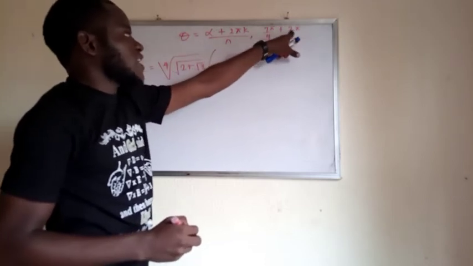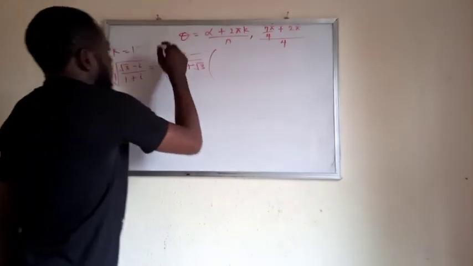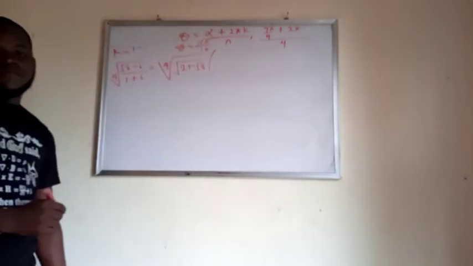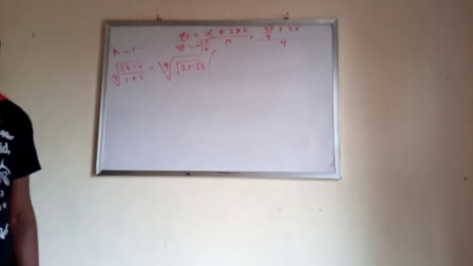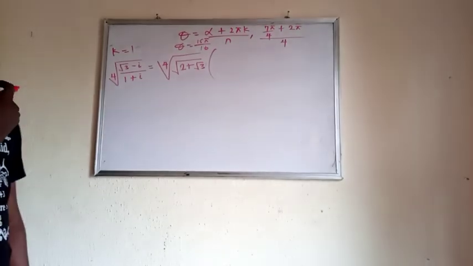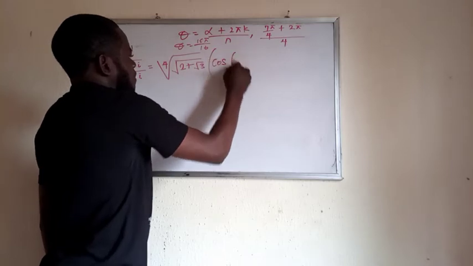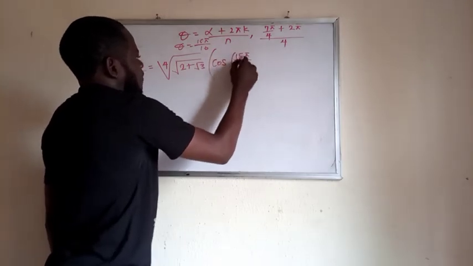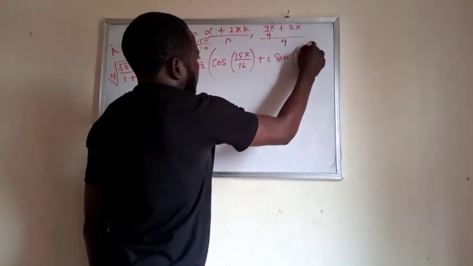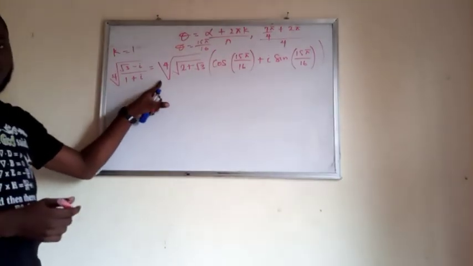I'm going to have 7 plus 8, that's going to give me 15. So theta is going to be 15 pi over 16. Then I can look for cos: cos 15 pi over 16 plus I sine 15 pi over 16. So this will be our second root.